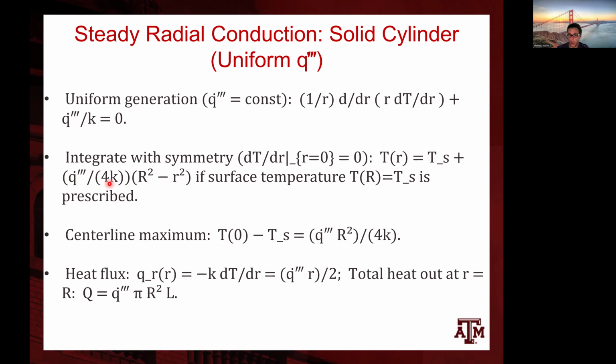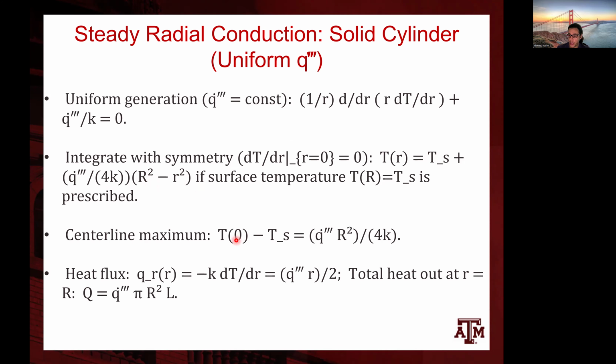So if you have low thermal conductivity, then the temperature would be higher. And then it depends also on the radial position in a second order, or parabolic, manner.